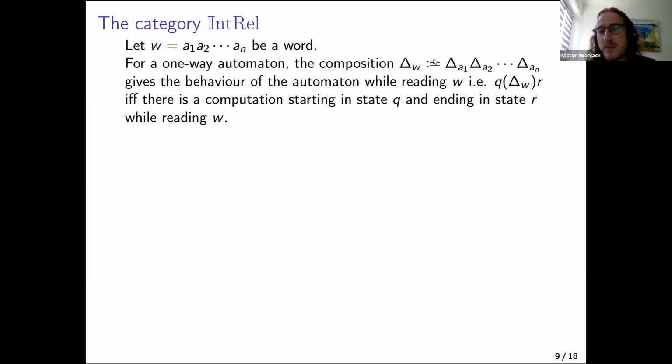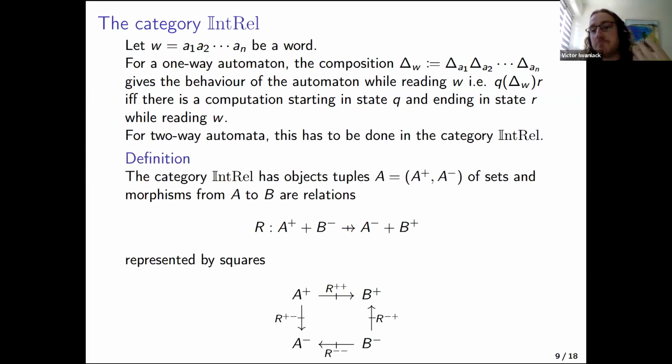So the behavior of the automaton when reading the word W depends on the letters and the composition of relations. This will not work anymore, as we've kind of seen in the example. And in order to bypass this problem, we have to see the automaton as not being in the category of sets and relations, but in another category.